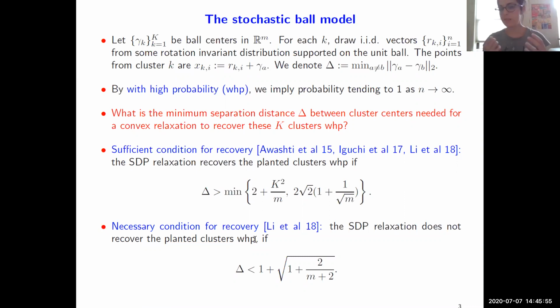So in this context, there is this very nice question. Okay, I have an NP-hard problem. In this case, it's K-means clustering. Again, in the worst case, it's difficult, but now I'm doing some average case analysis. So the question is, take a convex relaxation.